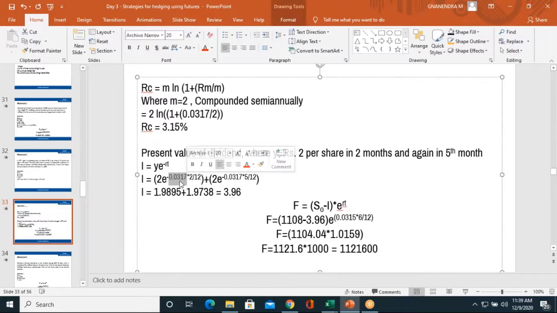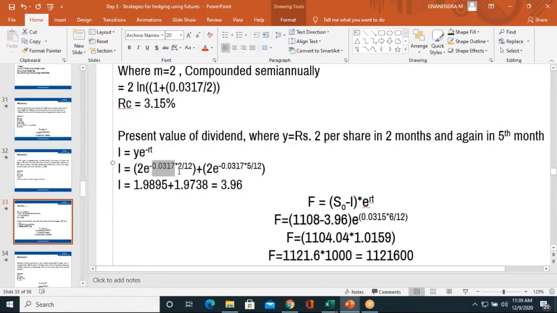You must take annual compounding of 3.17 percentage as given in the question. Then you have to calculate the present value, one for month 2 and another for the 5th month.